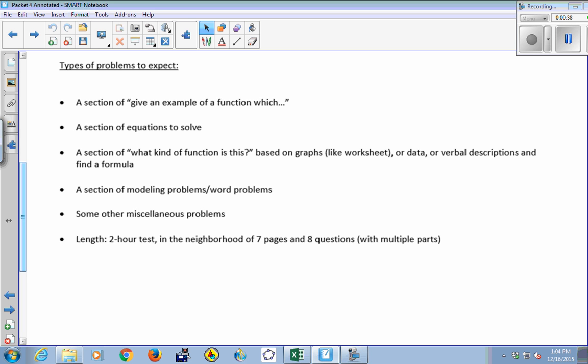There will definitely be a section of give an example of a function which, just like you just had in your project and like there has been on every test and quiz that you've taken all semester. There will be a section of equations to solve.